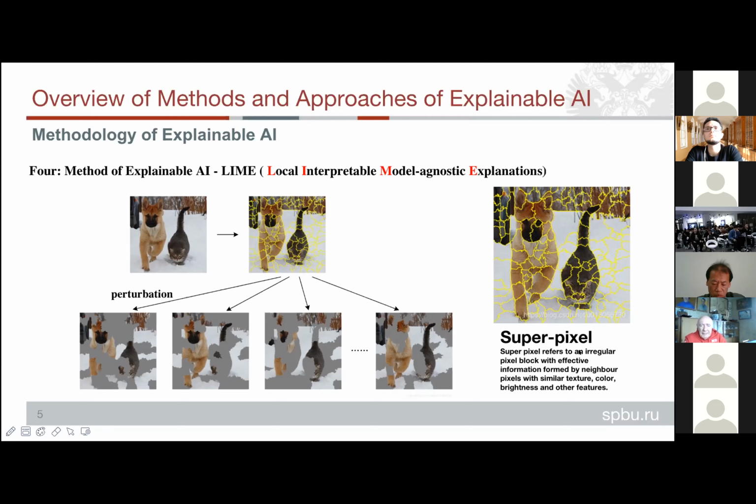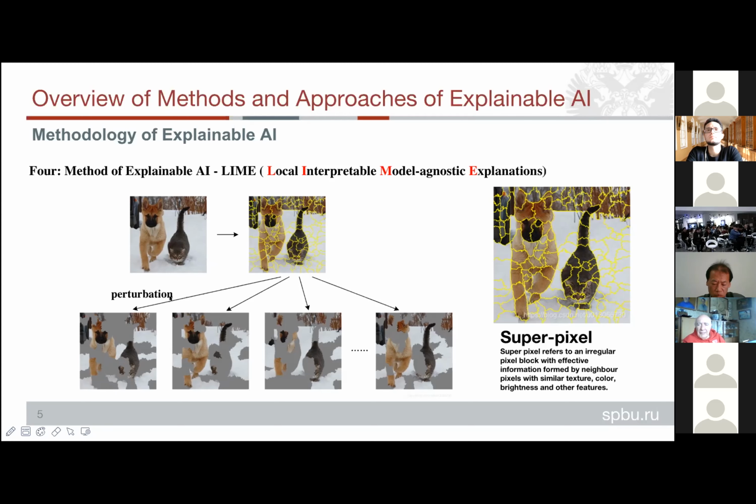A superpixel refers to an irregular pixel block with effective information, formed by neighboring pixels with similar texture, color, brightness, and other features. In fact, instead of using a single pixel as a feature, we use a superpixel as a feature, so the feature space of the entire picture is much smaller and the sampling process is much simpler.